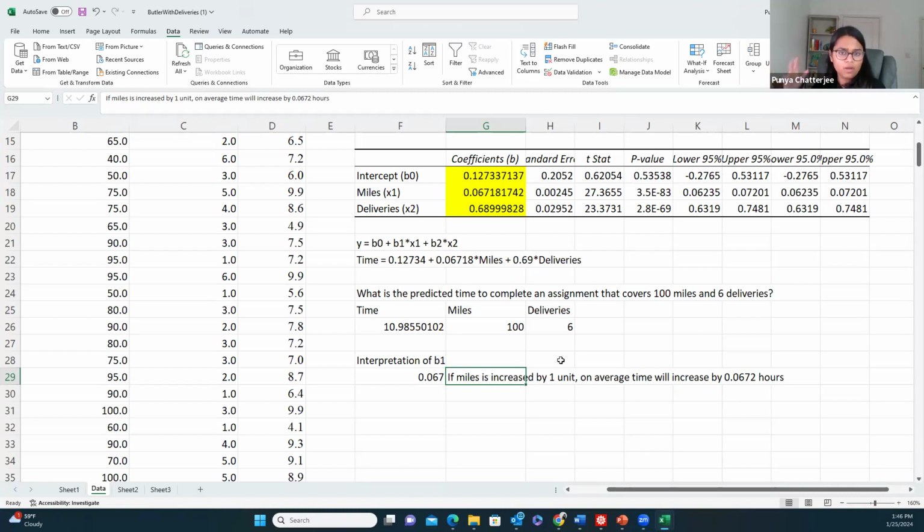So whenever you have multiple independent variables, then you have to talk about what happens to all of them. So what do you think is the interpretation of 0.067? Is it that you're increasing both miles and deliveries, or is it that you're increasing only miles and delivery stays the same? You can look at the equation and that should give you some hint.